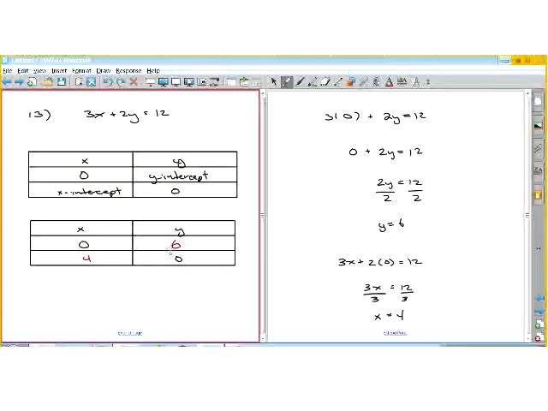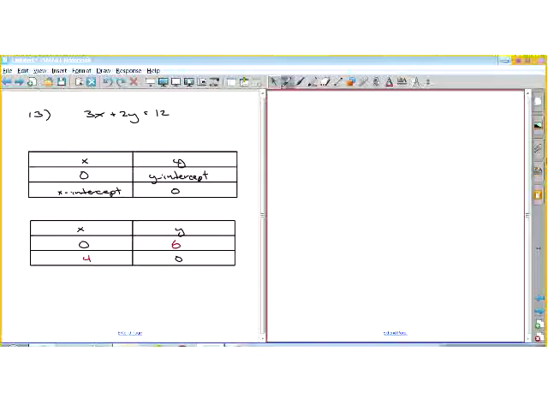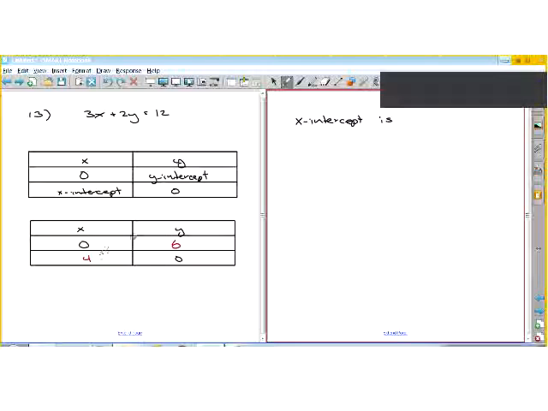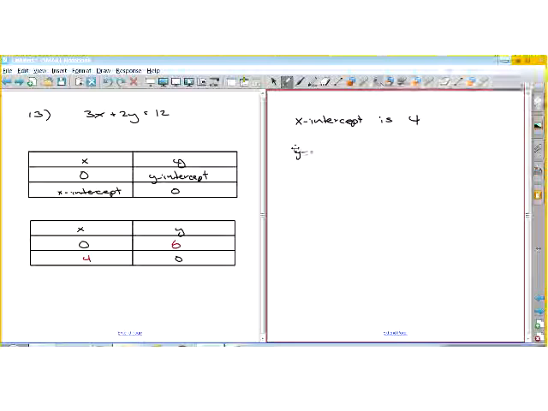So how do you specify x and y intercepts? Given these coordinates, when x equals 0, that gives you the y-intercept. The y-intercept is 6.